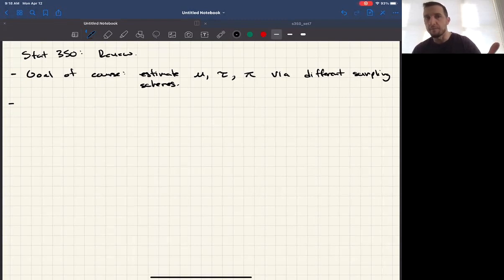Now, in doing that, we have actually studied, I guess somewhere in the neighborhood of maybe 8 to 10 different techniques. I'll have a list momentarily that we can utilize to estimate these 3 quantities. And in doing that, we've also talked about properties of the estimators. Now, in the earlier material, we talked about this in quite some detail. So for example, with simple random sampling, we looked at very detailed proofs to show the properties of the estimators.